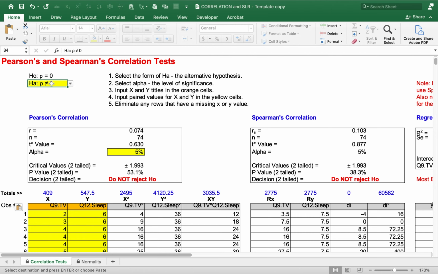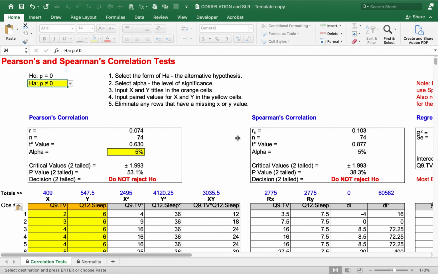H0: rho is equal to 0 means that there's no correlation between them. And then the alternative is that there is a significant correlation between them. And depending on your hypothesis, you could be hypothesizing that it's either a positive or a negative one.